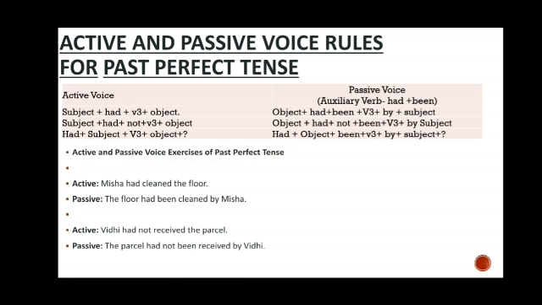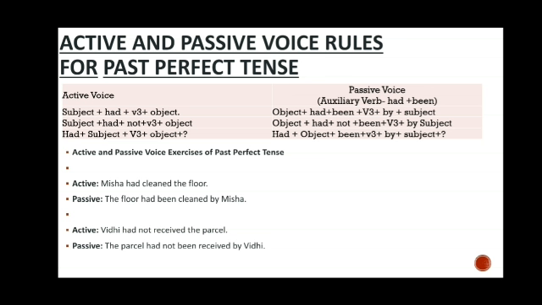Next is perfect, past perfect tense. Subject plus had plus verb third, then object. Here only one thing is new, that only had is coming. When we talk about present perfect, has and have both are coming according to singular and plural. But here when I am talking about past perfect, there only had is main. So what you will do? Object plus had plus been plus verb third, then by, then subject.